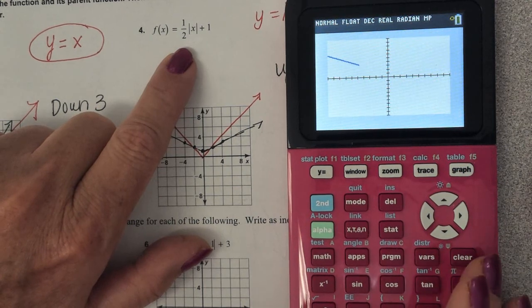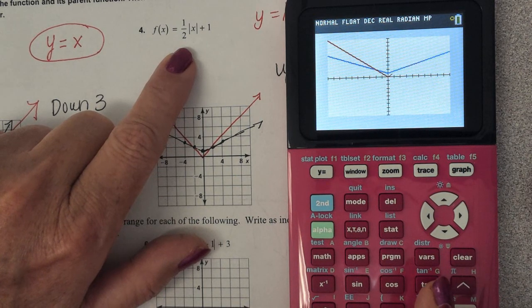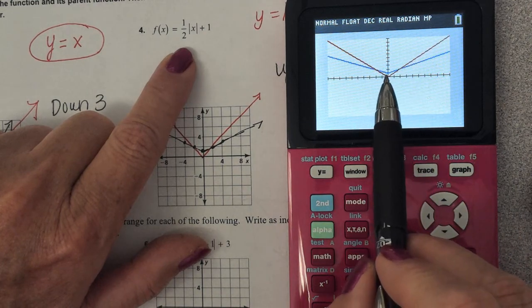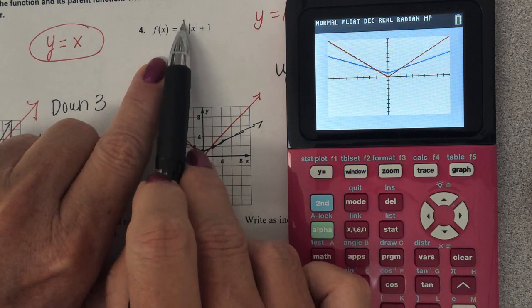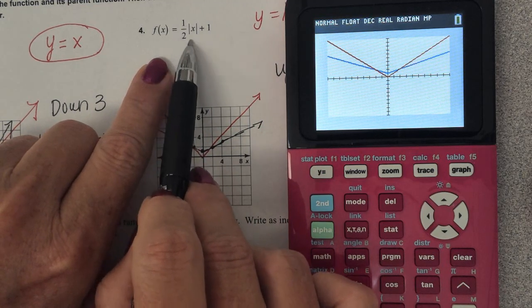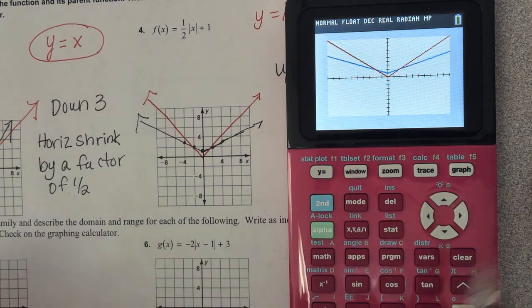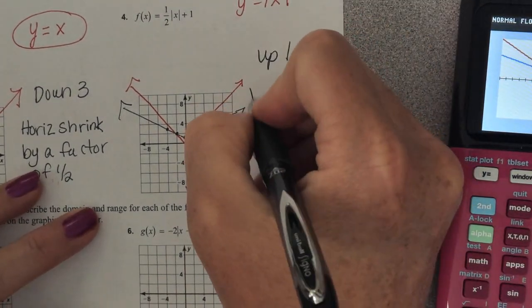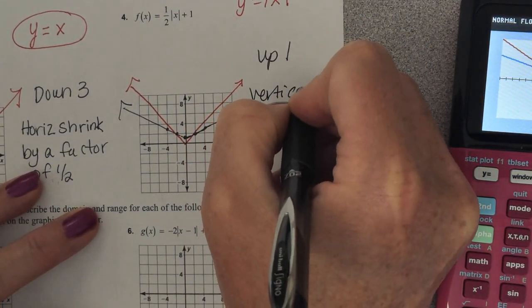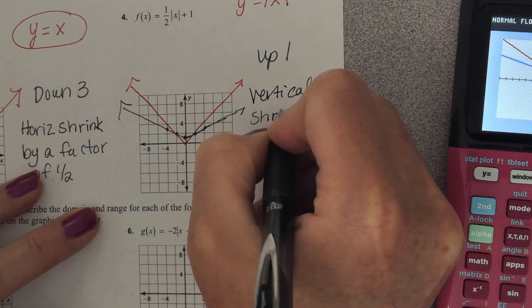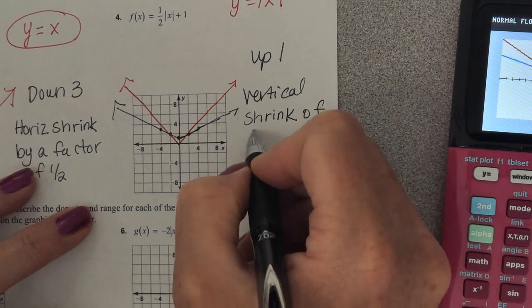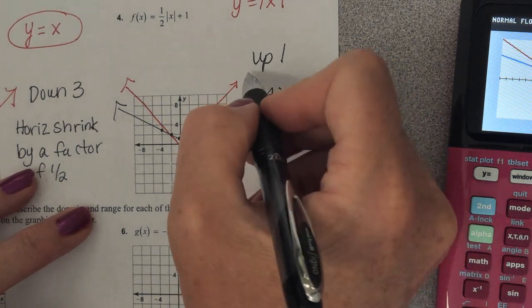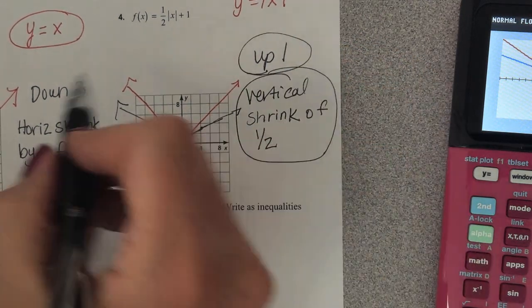I could really just hit graph at this point. So there it is. Can you see how this one now, when this is on the outside of this x, this is going to be called a vertical shrink of 1/2. So we went up 1 and we had a vertical shrink of 1/2.